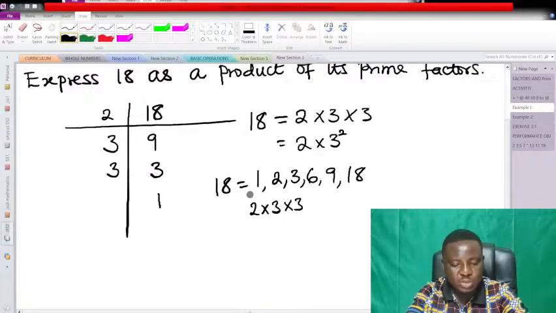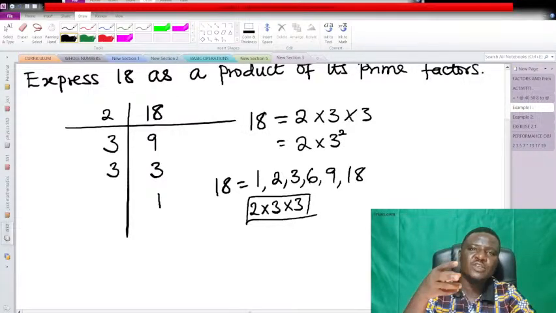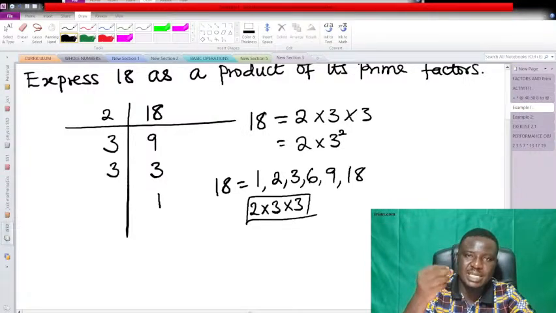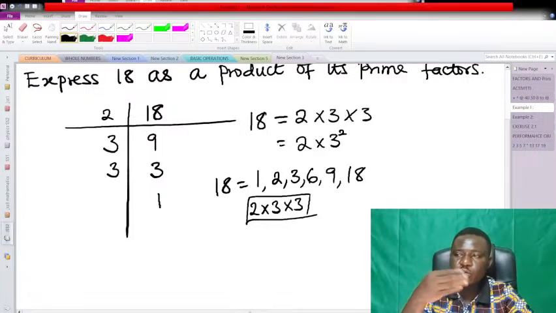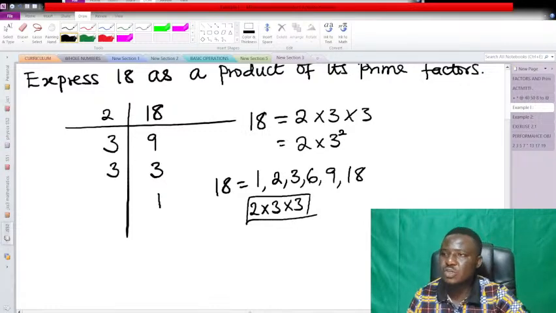So you can either use this way to express 18 as the product of its prime factors, or you use the long division method. But the long division method is best in the sense that it makes it easier for you. I already know that 2 times 3 is 6 and 6 times 3 is 18, but not all of you will know. So always make use of the long division method.